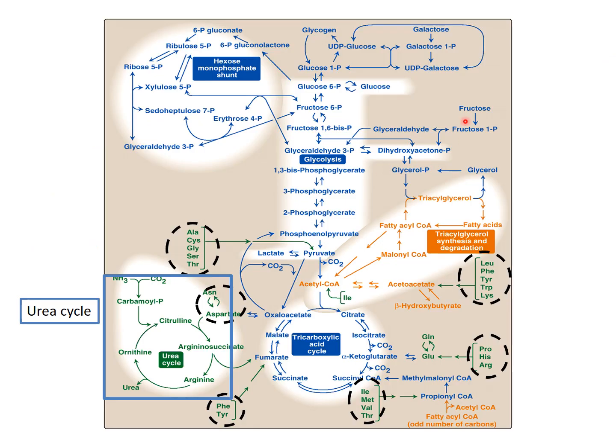So let us start. Here is again the intermediary metabolic process. You remember that everything set in blue is carbohydrate metabolism, set in yellow is lipid, fatty acid, triglyceride metabolism, and then here are the green stuff, which are the amino acids.